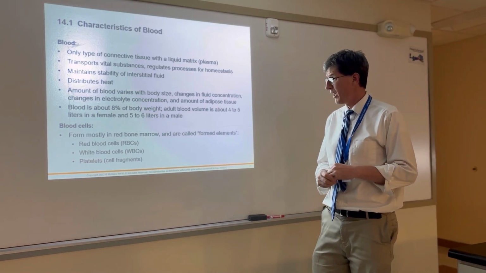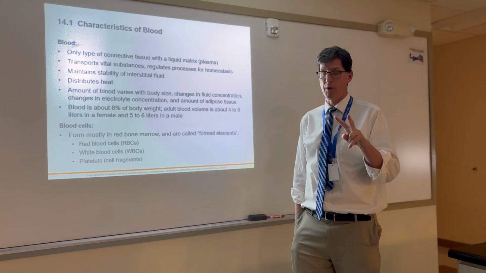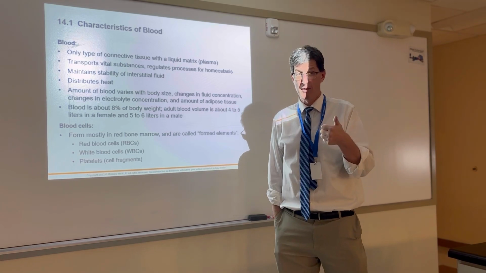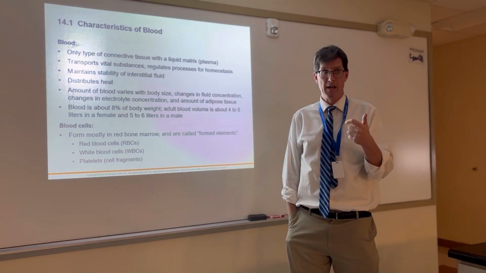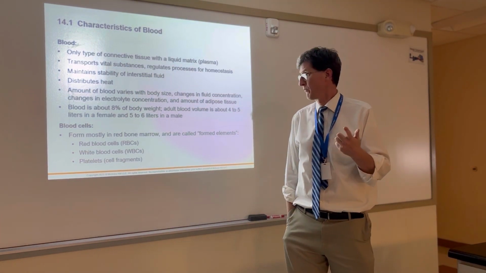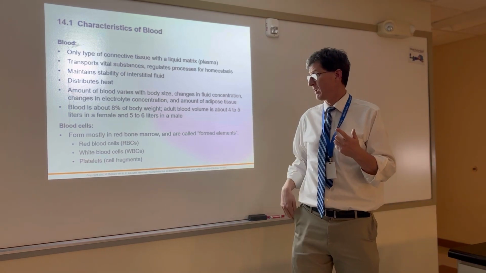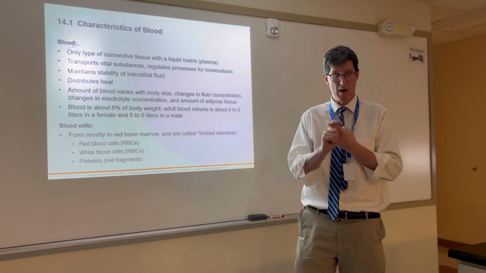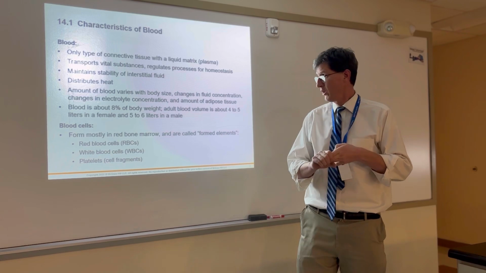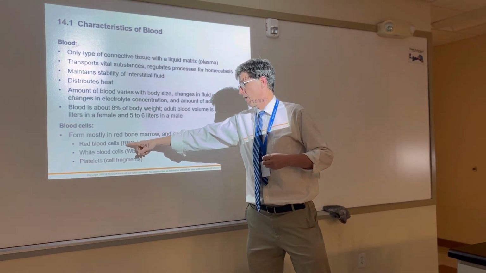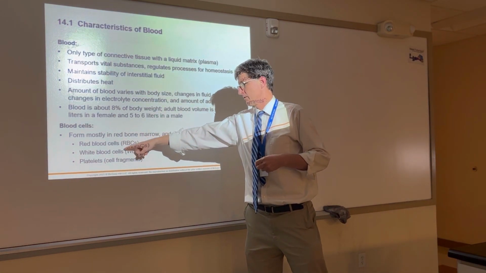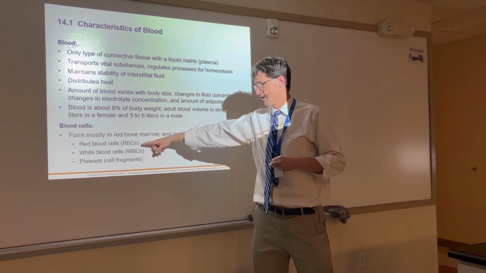Blood has 2 main components. It has the plasma, which is the watery part, and then it has what are called formed elements. The formed elements are red blood cells, white blood cells, and platelets. We've talked about some of these a little bit already, but we'll talk more about those in a minute.